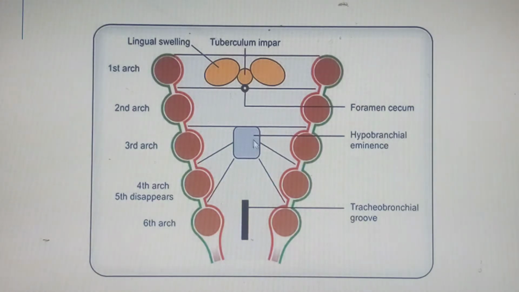Some books will bring in the 2nd arch, but you have to know that there will be overgrowth of a structure we call the hypobranchial eminence, or copula, so that it covers the 2nd arch. So as far as tongue development is concerned, the 2nd arch has no role to play. That is what I want you to know.